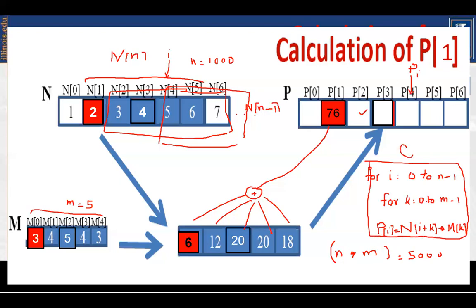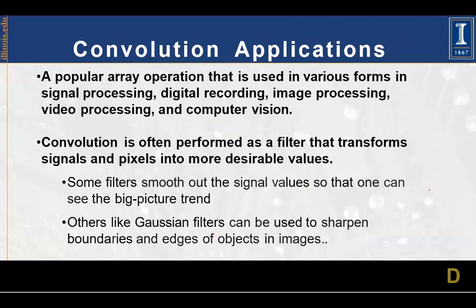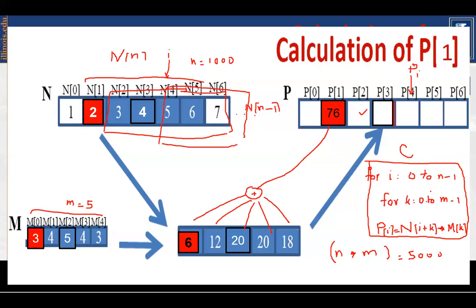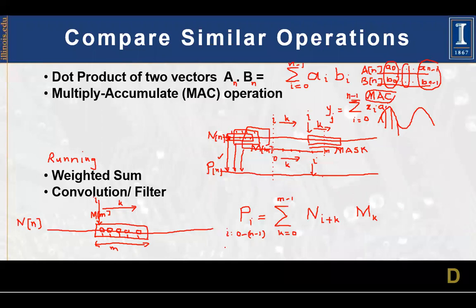Now you can see this C code and this expression. Can you see this now? Here is this expression. You see N at i plus k, M at k, accumulated over k from 0 to m minus 1 and putting the result in Pi, and continuing this activity for calculating Pi from 0 to n minus 1.